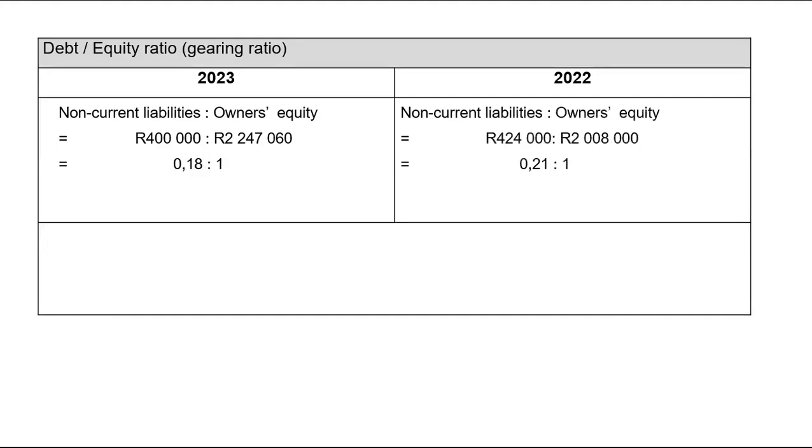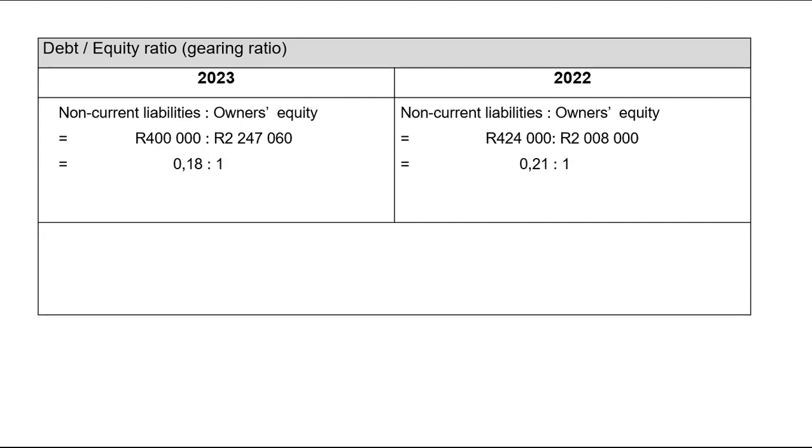So it has declined. And the decline is pretty much good because it simply indicates that the business is relying less and less on debt financing in the long term. And I feel like it's very good because it says that for every 1 rand of equity, there's only 18 cents of liabilities.